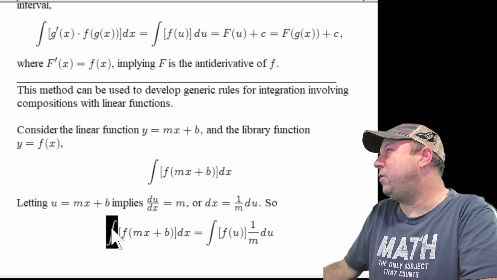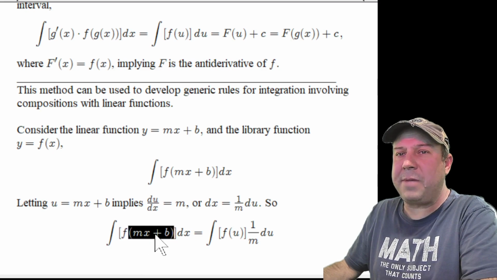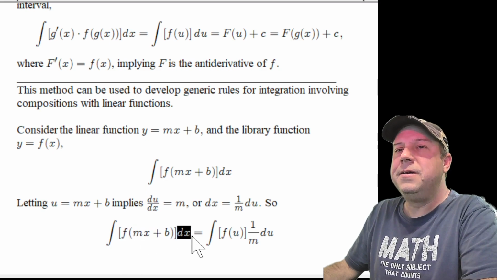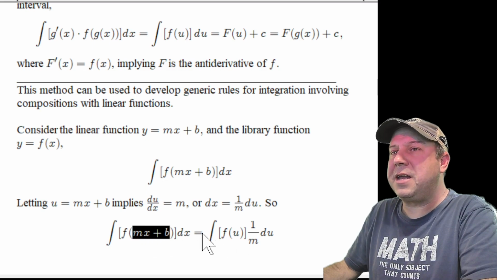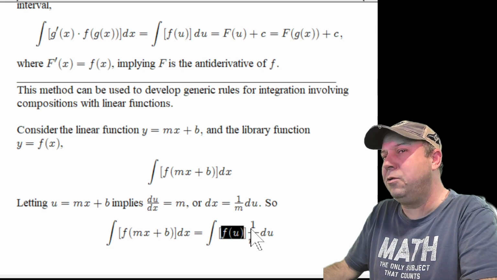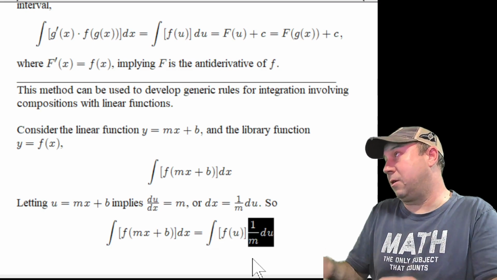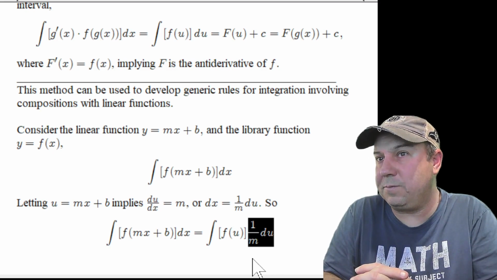And substituting into the antiderivative of f at the linear function mx plus b, all integrated with respect to x, we can end up with the statement, the antiderivative for f at little u times the quantity 1 over m times the differential of u.